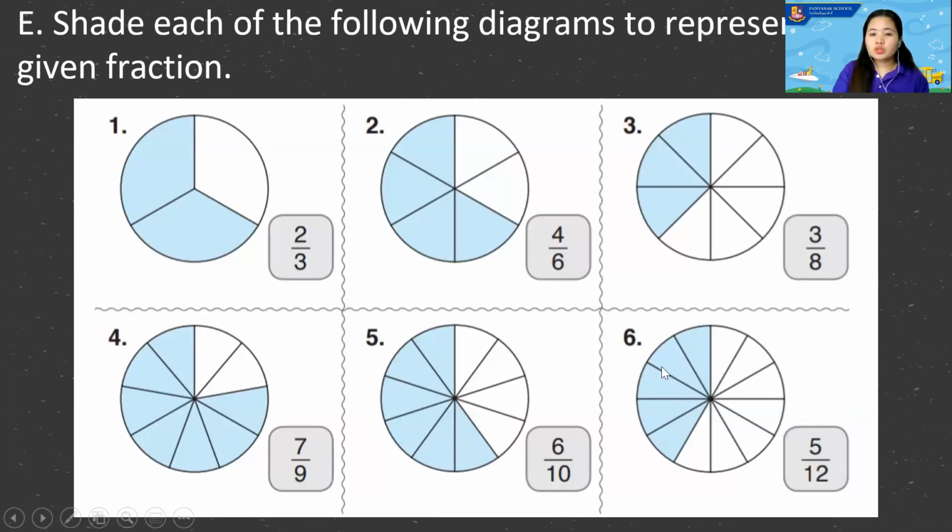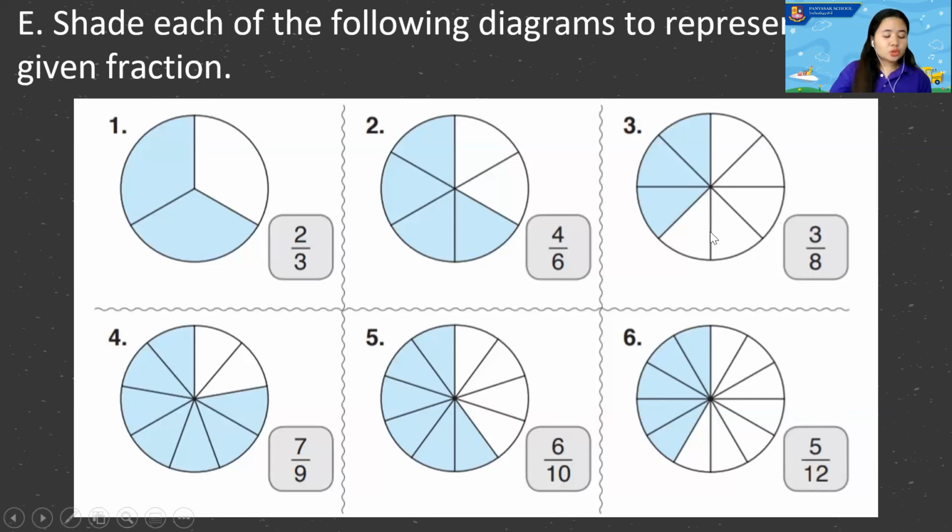So 1, 2, 3, 4, 5. Very good. So that is how to represent the given fraction. Just remember that the numerator is the number that you have to shade, and the denominator is the total or the whole fraction. Okay, that's it.